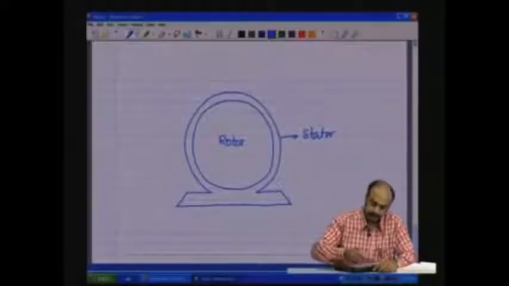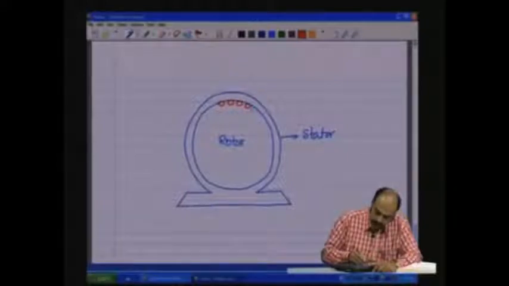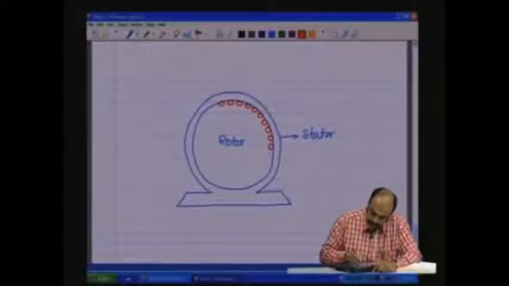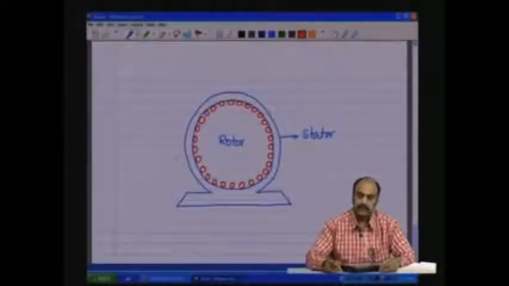Now, the rotor has on it the conductors. All around the circumference of the rotor you have conductors. The conductors in the case of the squirrel cage induction motor are shorted at both ends, such that the rotor looks like a squirrel cage. So, that is why the name the squirrel cage induction motor.